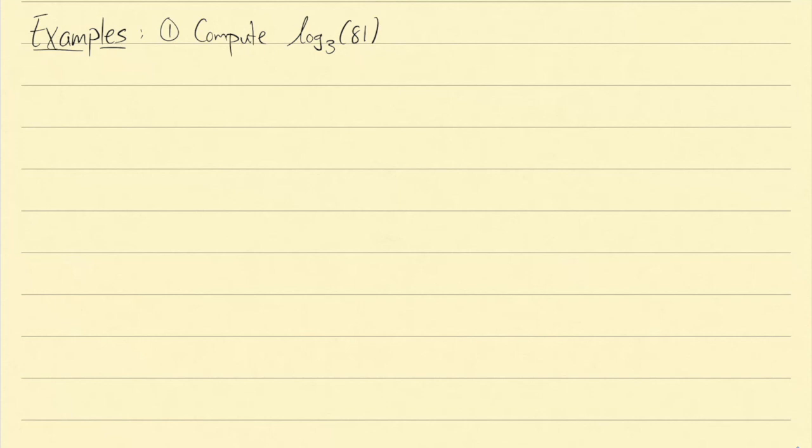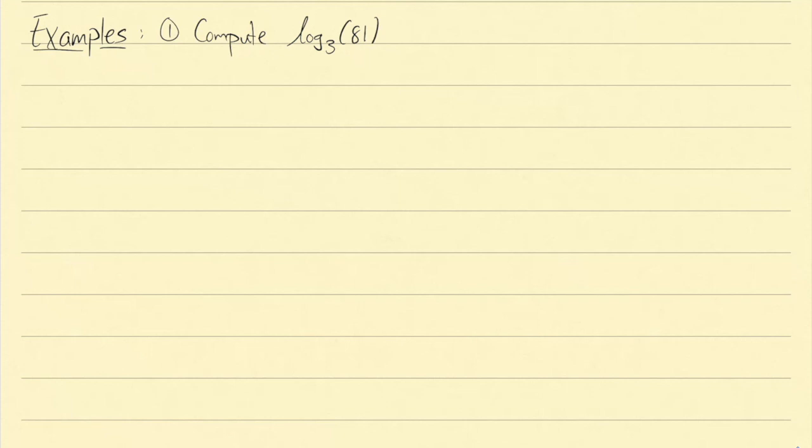So if we want to actually compute a logarithm, the only way to really do it is to phrase our answer in terms of an exponential. So if I wanted to compute log base 3 of 81, I could recognize that 81 is 9 squared. 9 is 3 squared. If I take 3 squared and square it, we know that's 3 to the 4th.